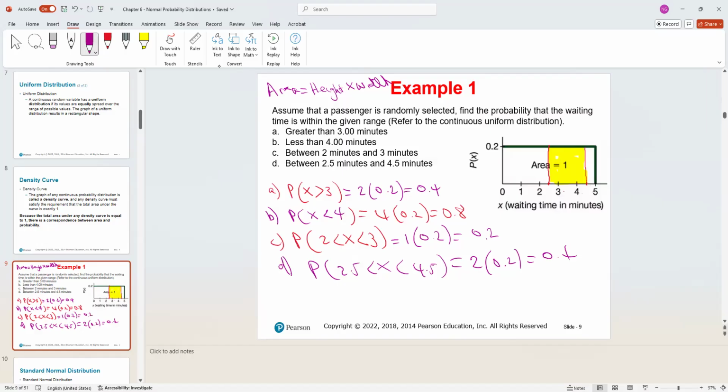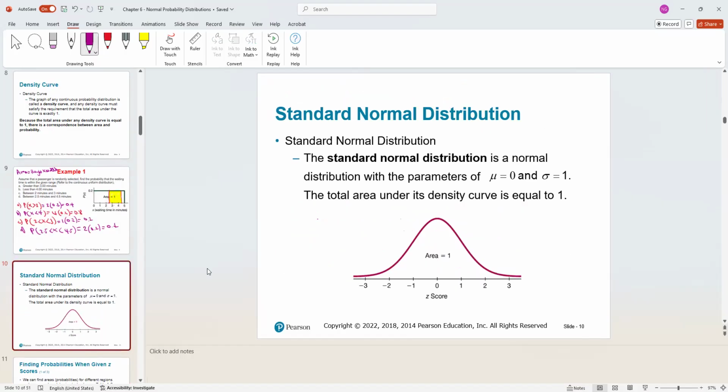But you know what? Standard deviation, normal curve. Remember, we're using the normal curve because the plan so far is to go with a table, and we need to understand the standard normal distribution. The standard normal distribution is a normal distribution with mean mu and standard deviation equal to 1, and the total area under the curve is 1.